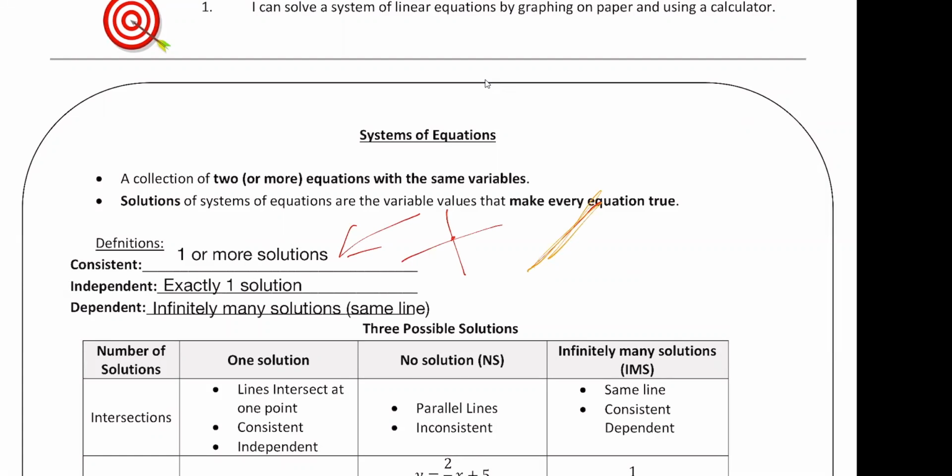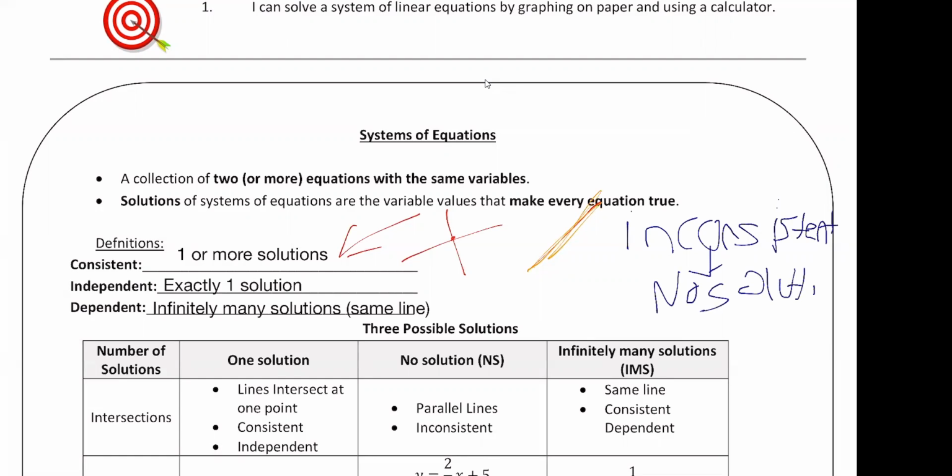One thing I forgot to put here is, sorry, we say it's inconsistent if it doesn't cross, or if they have no solutions. So basically that means they're parallel lines. Sorry, let me type, because my handwriting is so bad.